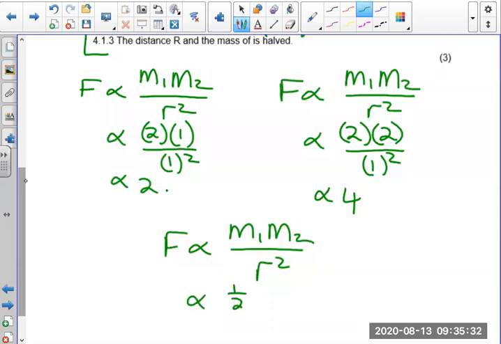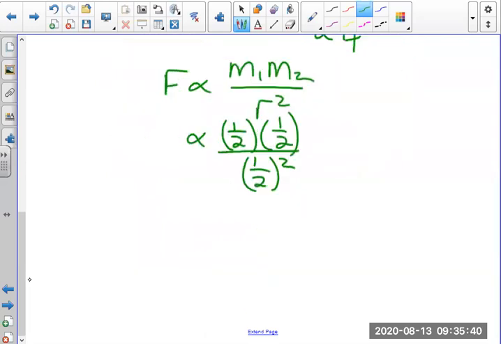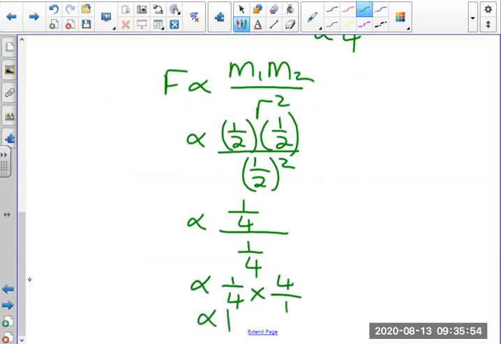The masses are a half. This one is a half, and the distance is a half. Now let's look at that. So we get a fourth over a fourth. Now when I take it over, it's going to be a fourth, and when I swap it around, it's going to happen like this. So what's going to happen? The force is going to remain the same. So it's just going to be 1F.